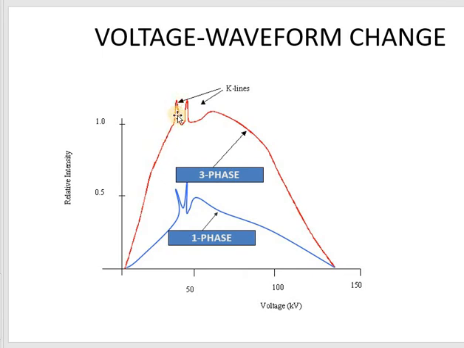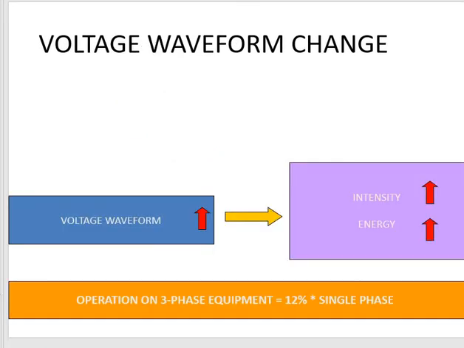But look at the area under the curve. The intensity of a three-phase power supply is superior to the single-phase power supply. So in a way, we can summarize that a three-phase power supply produces an X-ray beam with higher intensity and a higher optimum energy.